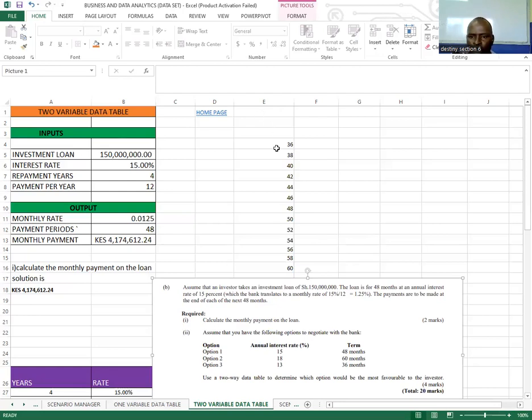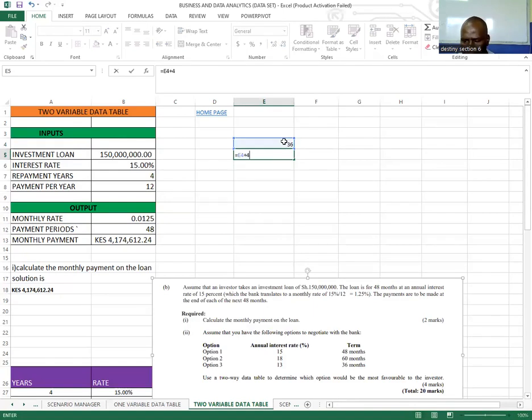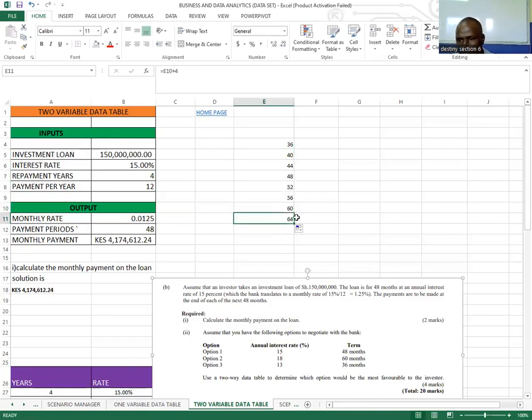We can also change the model of doing things. We can say 36, the minimum, and then maybe make an addition of 4, so plus 4 years, and then I drag. Provided your data is captured, I think that one is also okay. So maybe we can go for that.